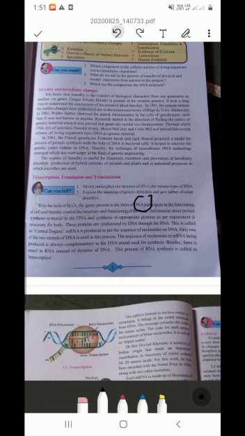DNA alone cannot do the functioning, and RNA alone cannot do the functioning, so they need both of them; together they do this work. Information of protein synthesis is stored in DNA.